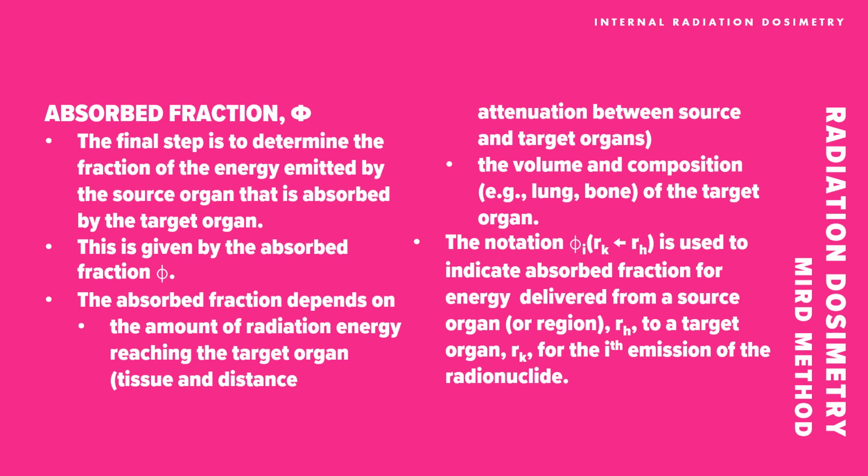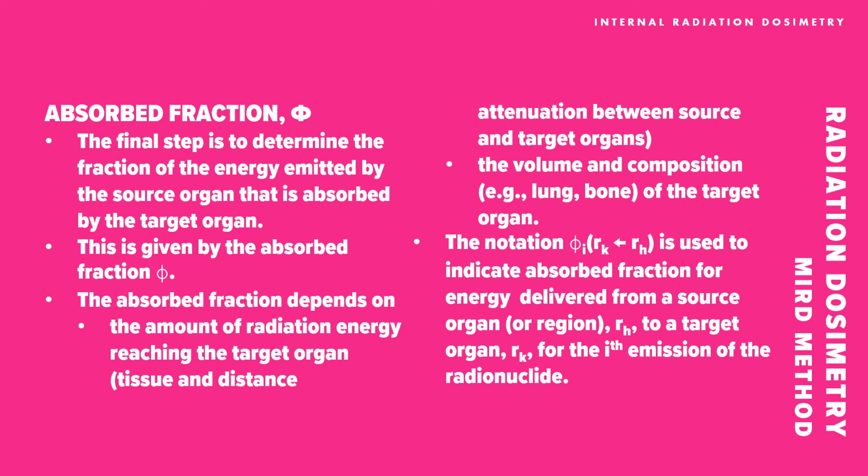The next part I would like to explain is the absorbed fraction. The symbol is phi. The absorbed fraction depends on how much radiant energy reaches the target organ. Another factor that affects the absorbed fraction is the volume and composition of the target organ.